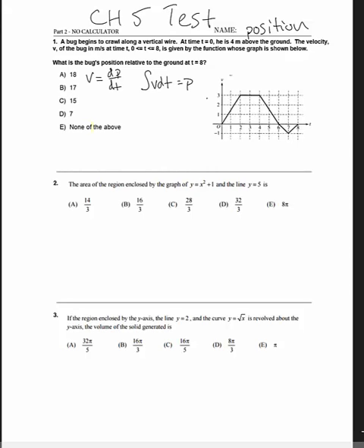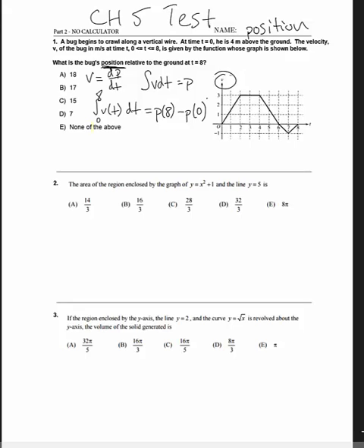So in this case, since we're starting with velocity and it's asking us for position, we're going to need to use the integral of v of t dt is equal to the position. Now we're going from 0 to 8, and we have to remember the first fundamental theorem of calculus: this is going to be the position at 8 minus the position at 0.